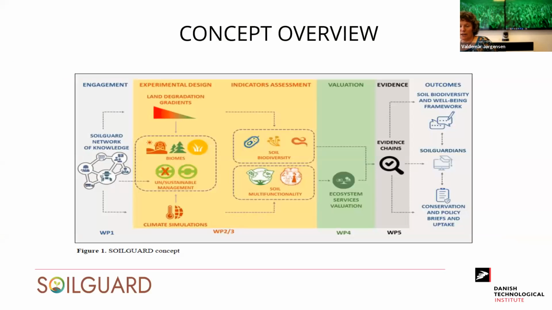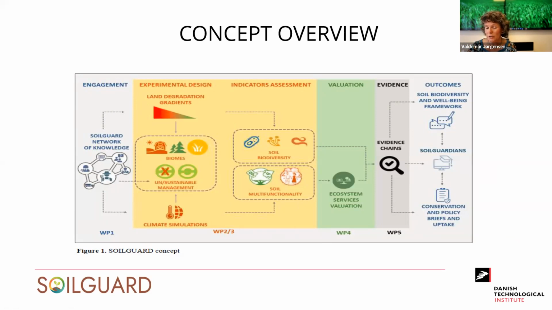And here is the sort of concept overview of Solgaard. You can see the work packages here listed 1, 2, 3, 4, 5. And it all started with engagement, or that's still ongoing and will be throughout the project.